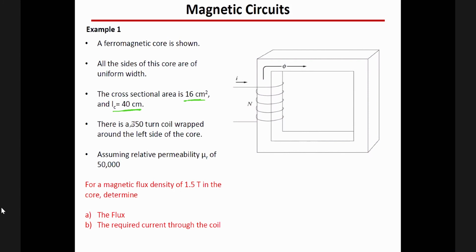There is a 350-turn coil wrapped around the left side of the core. So N is equal to 350. Assume the relative permeability of the core is 50,000, so mu R is equal to 50,000.